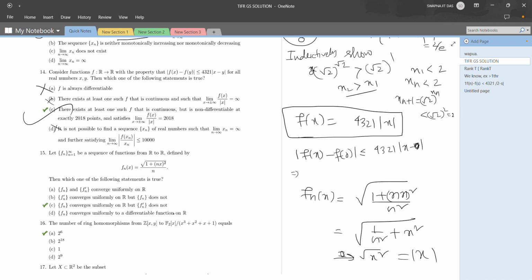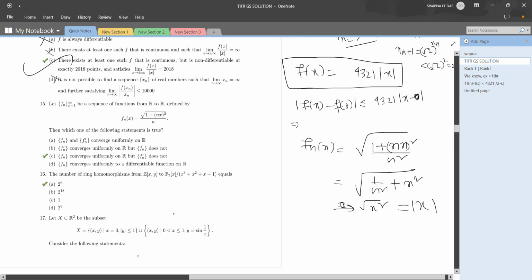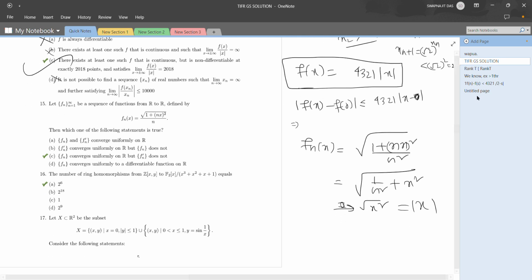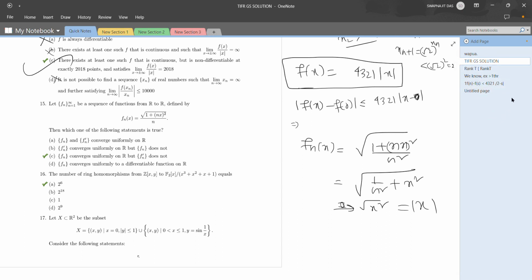That means it goes to root over x square, which is mod x. Now, does fnx converge uniformly on R? How can I show that?